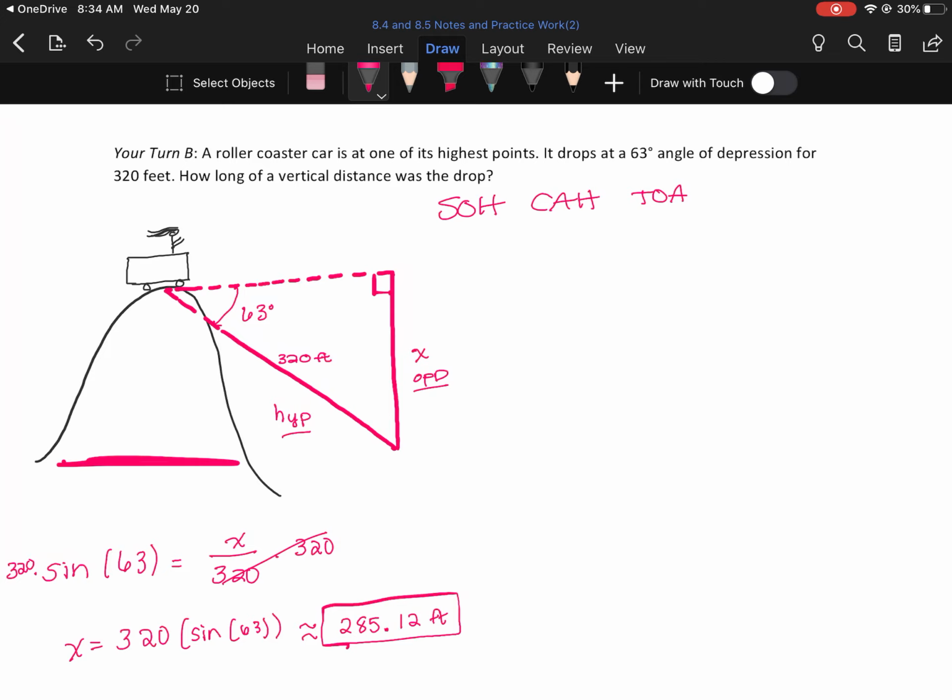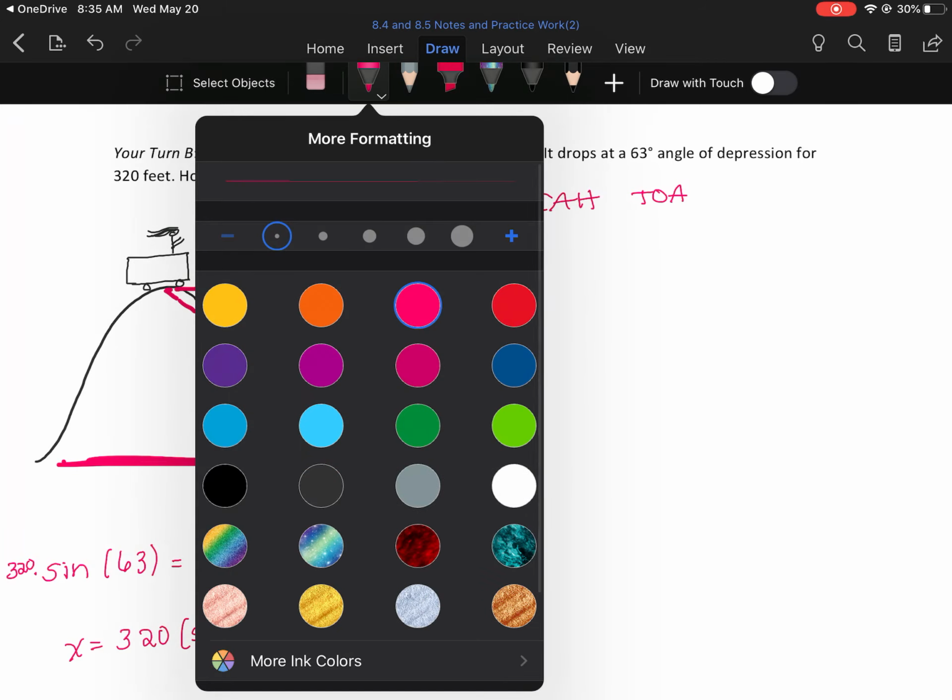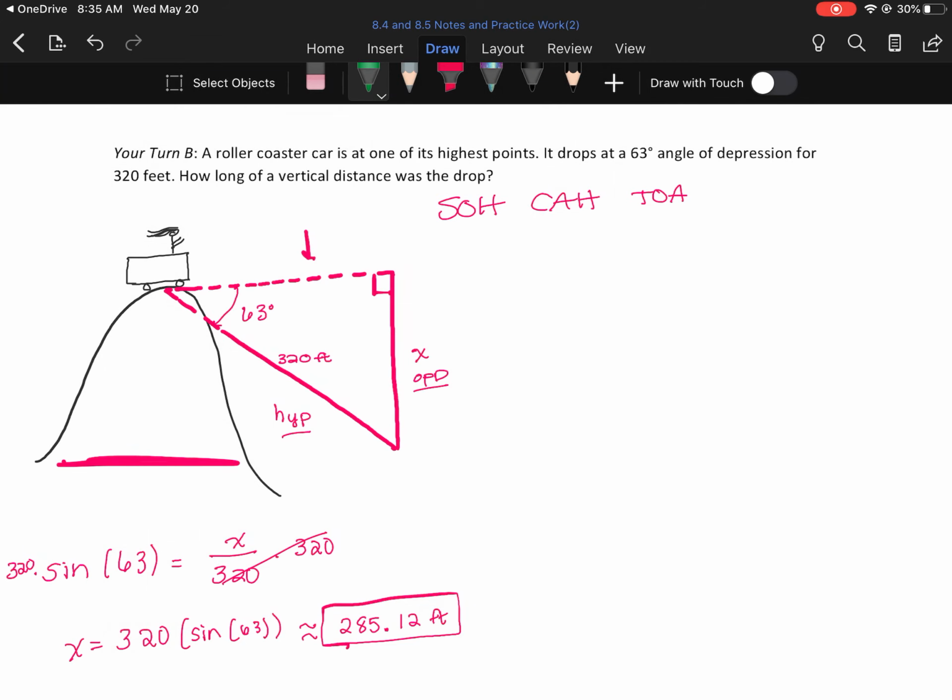All right, so now, you only have to do this one way, but sometimes people don't draw the triangle here. They draw it here, because that is the vertical drop. They think of the vertical drop right underneath, which is 100% fine. I'm just going to show you there's two ways to do these problems.